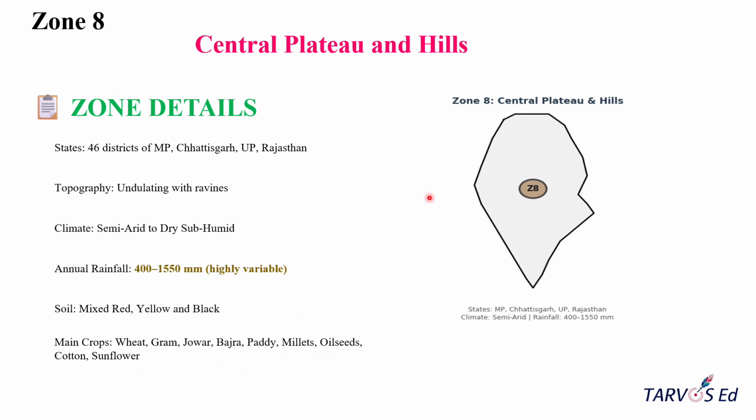And this zone is basically a transition zone, because this zone has the features of both the dry western region as well as the eastern region, which is why the cropping pattern is so diverse.